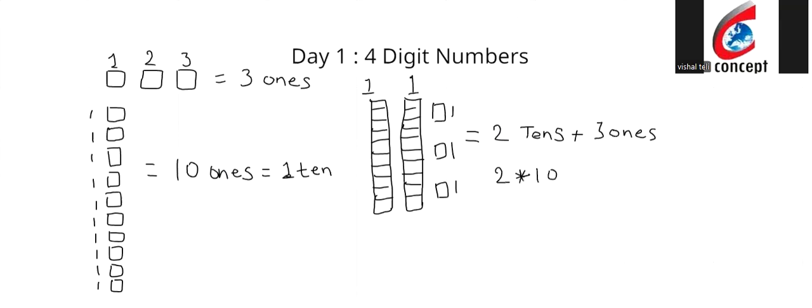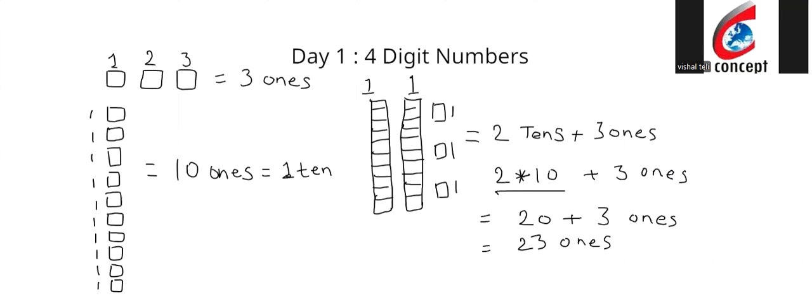And these three ones. 2 tens are 20, plus 3 ones. So 20 plus 3 is 23 ones.